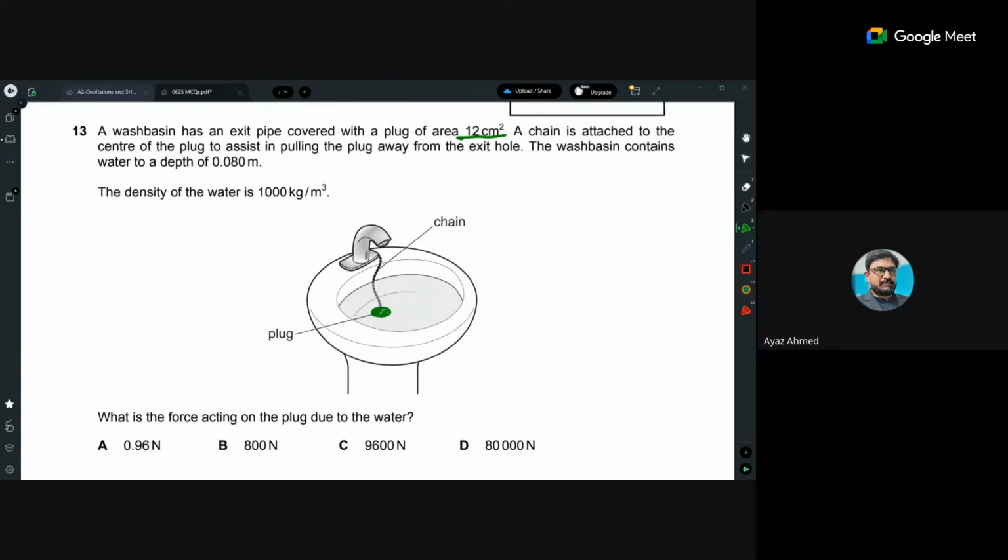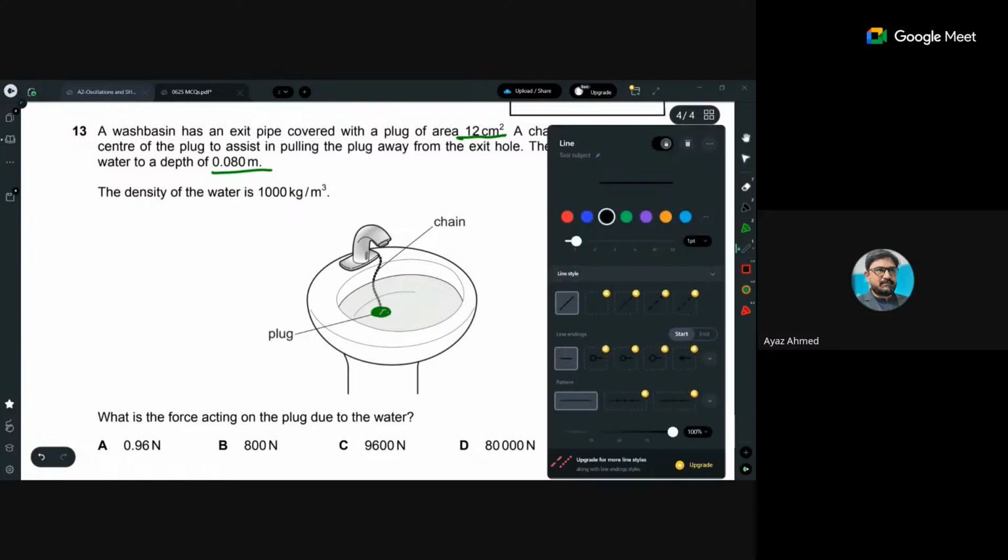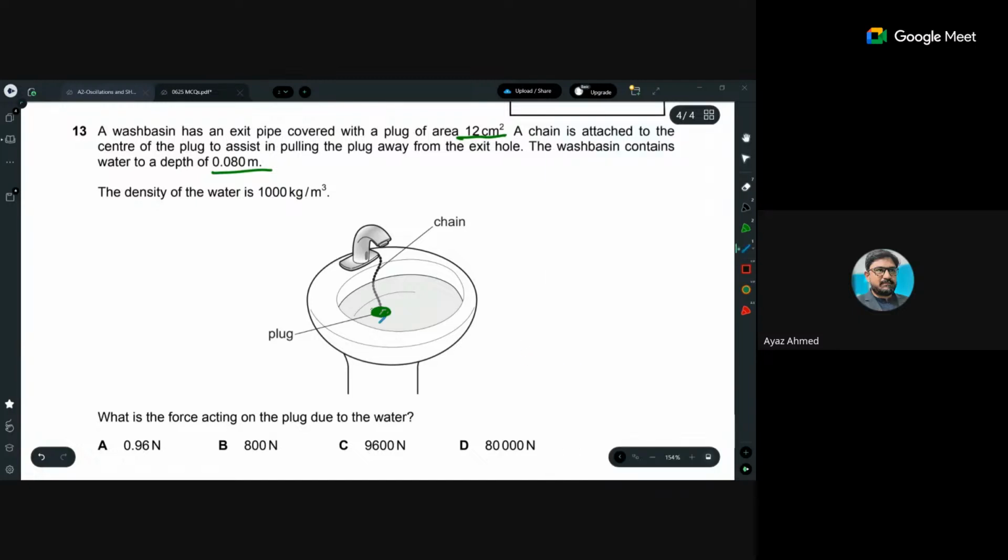The wash basin contains water of this depth, 0.80 meters. This is the portion for which you will perform the calculation. The density of the liquid is given. What is the force acting on the plug due to the water?